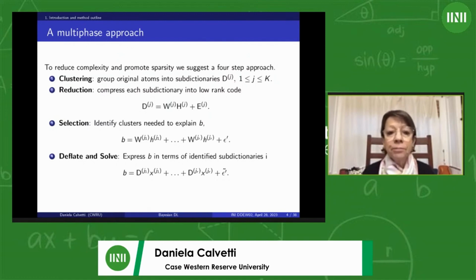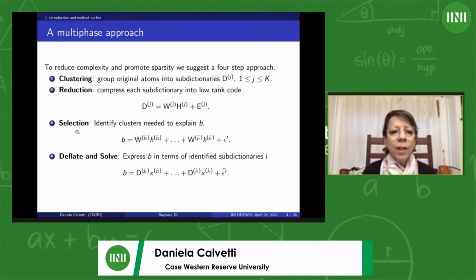So we get K representations of the K subdictionaries D_J into W_J H_J. And again, we retain the property that the entries of H are always greater than or equal to 0.